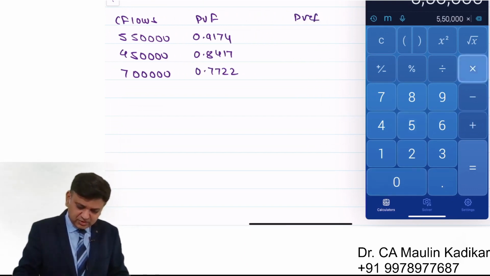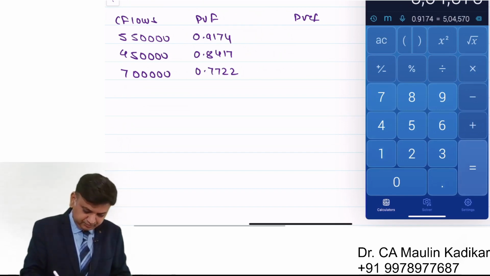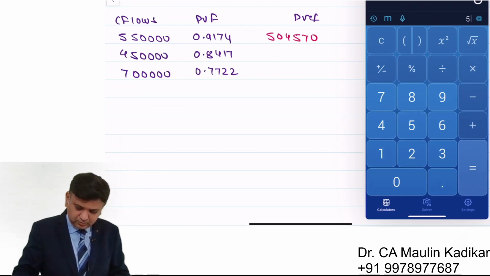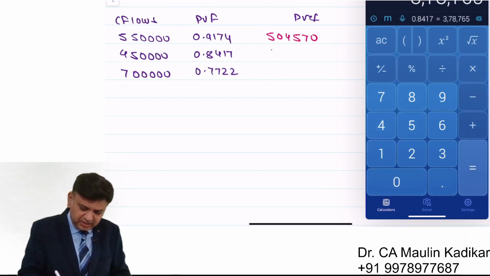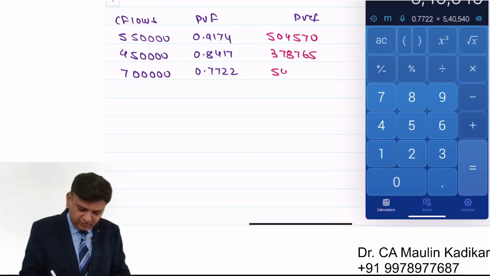So 5,50,000 into 0.9174 is 5,04,570. 4,50,000 into 0.8417 is 3,78,765. 7 lakhs into 0.7722 is 5,40,540.